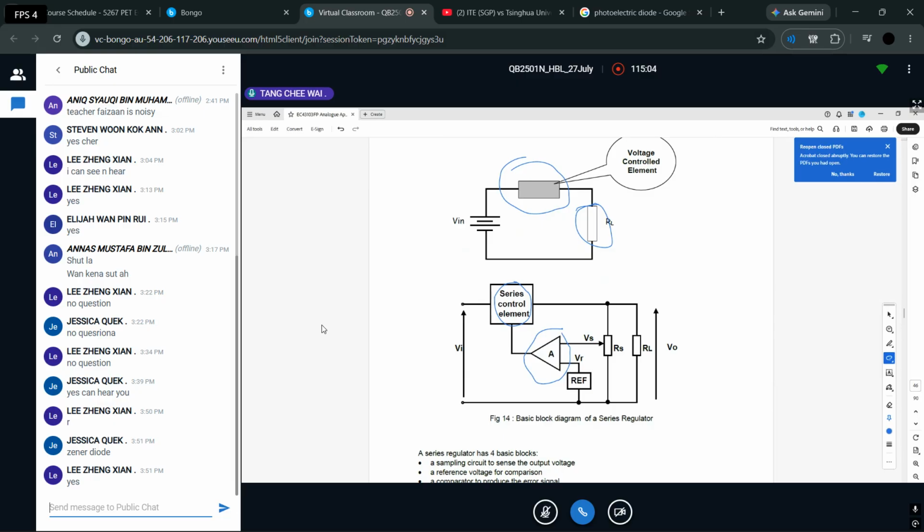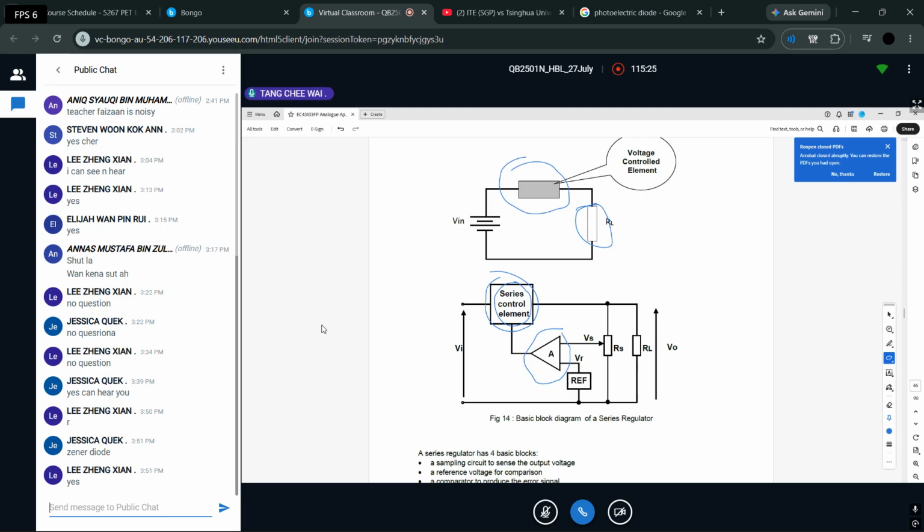If you look carefully, there's a V reference here, and I have a VS here. So this VS will always compare the voltage with the reference voltage. Whether it goes up or goes down, it will start to affect this control element.